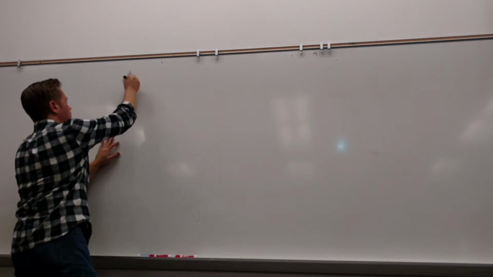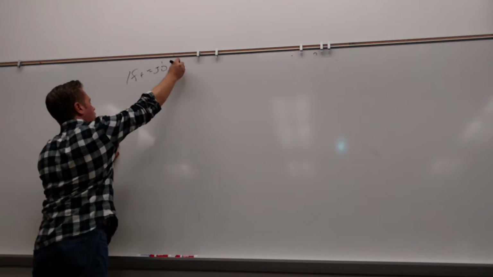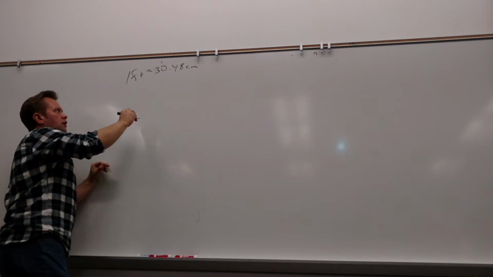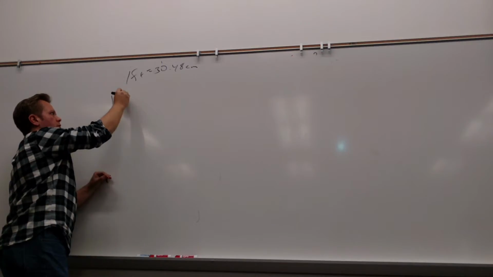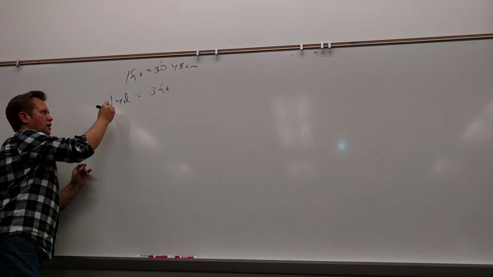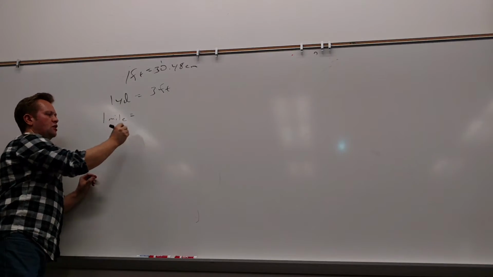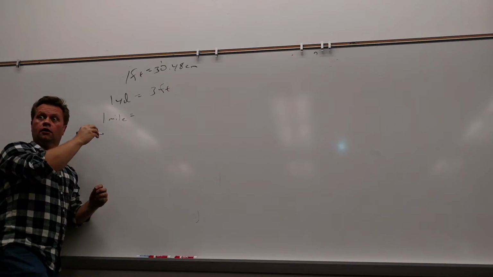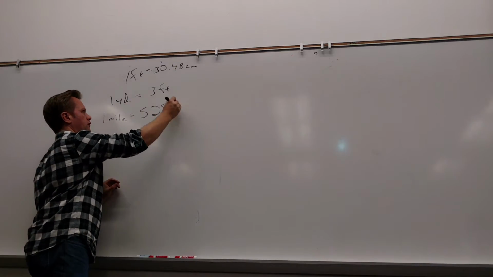So for example, let's remember how to convert stuff. 1 foot is 30.48 centimeters. And 1 yard is how many feet? 3 feet. And 1 mile is how many feet? 5,280 feet.